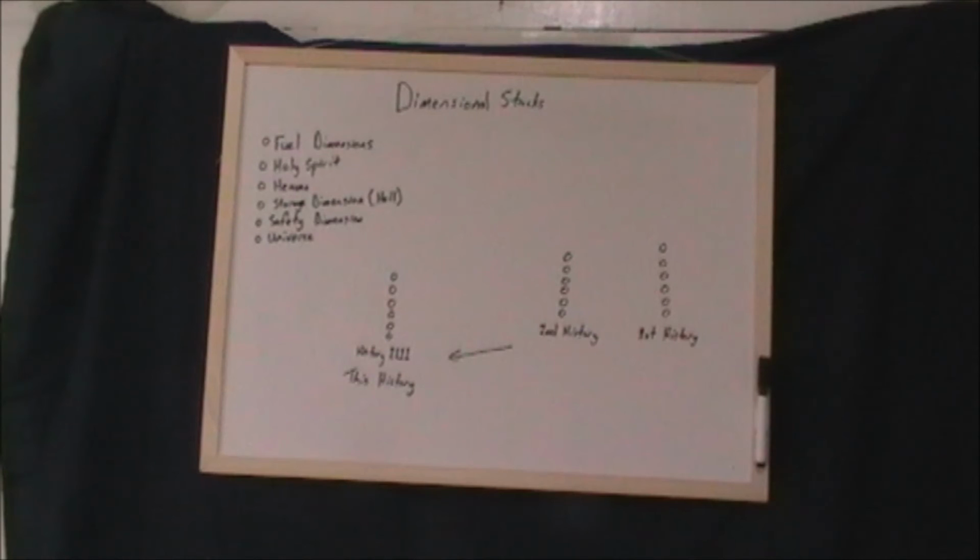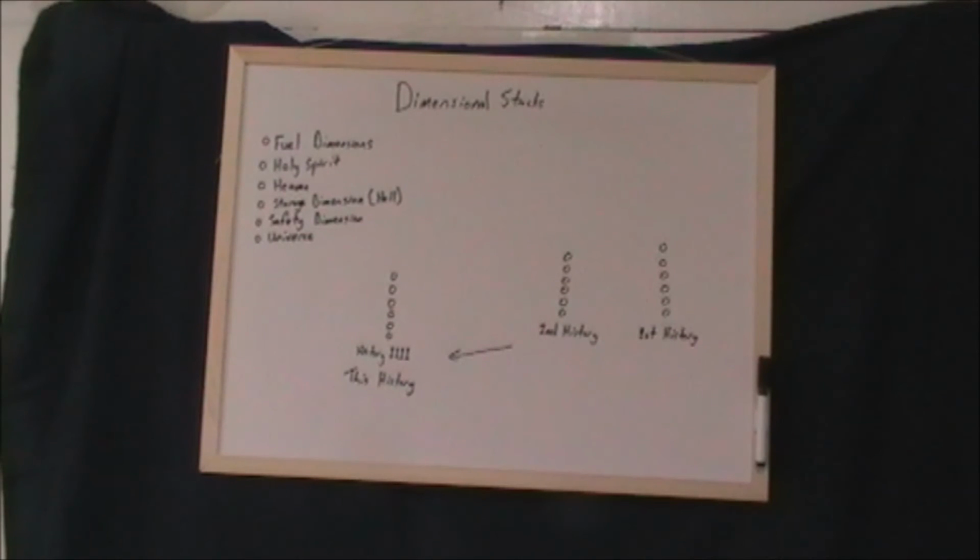As we can see in this diagram, it portrays the stacks of dimensions for each history. So we go further than what anyone would realize. There's more than one history. In the first dimension, where God was created, we refer to that dimension as the holy dimension.